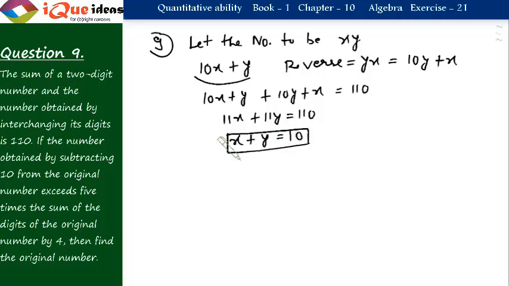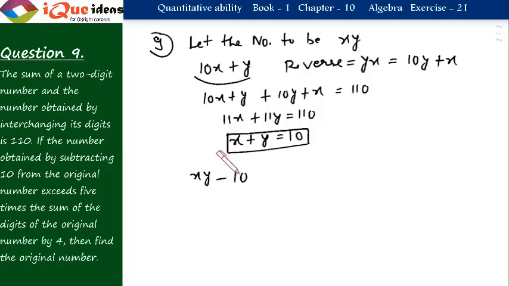It says the number obtained by subtracting 10 from the original number exceeds 5 times the sum of the digits of the original number by 4. So let's consider the original number, that is xy, minus 10.